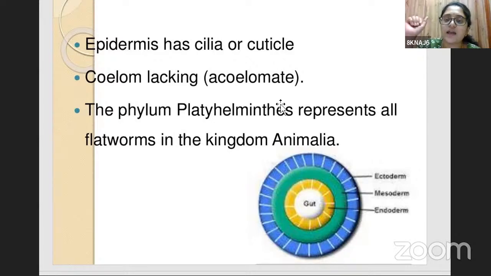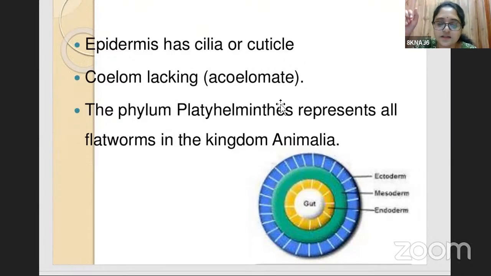You do not have any special locomotory organs in the adult form. The larval forms might be free swimming or have some cilia present, but the adults are all sedentary. Since they mostly live as parasites in the host, they are stuck with the help of the suckers or the hooks.